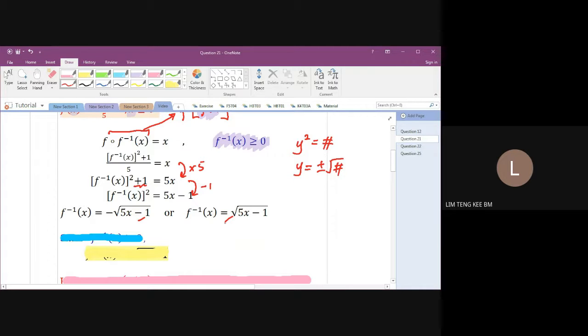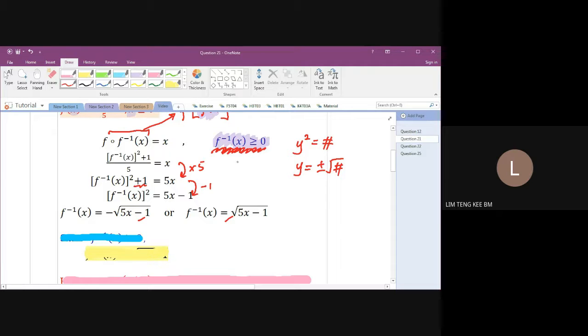And here, you see there are two possible answers for the inverse, and which one is possible as our final choice? Of course, we are not going to take both of them. The inverse only has one function, but which one is it? And then it comes to the role of the condition we mentioned just now.